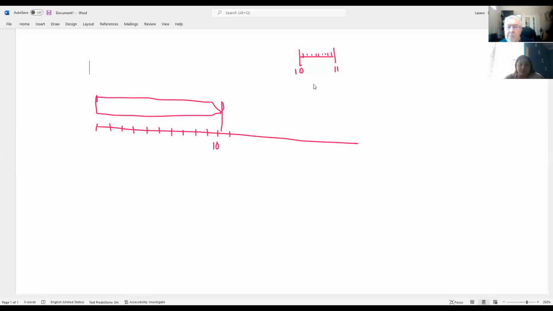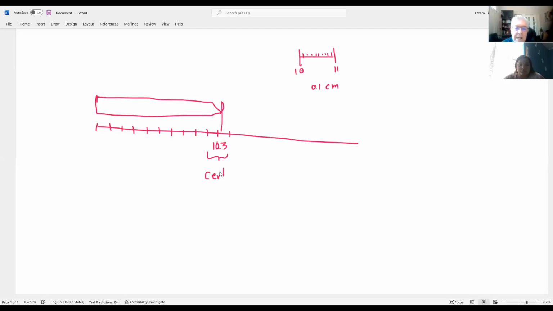And every line represents how much? 0.1 centimeter. Is that okay? Then if you come here, suppose that you are certain about 10.3 centimeters. That's what we call certain.